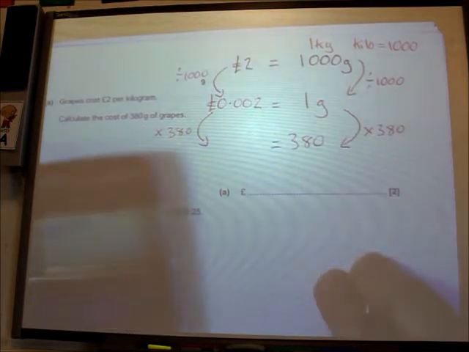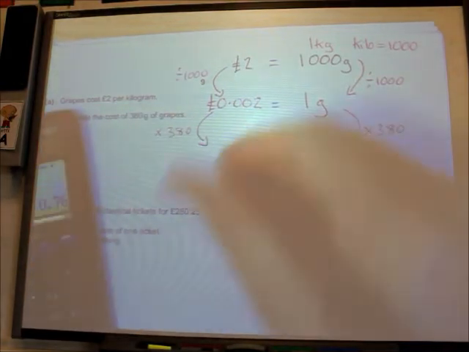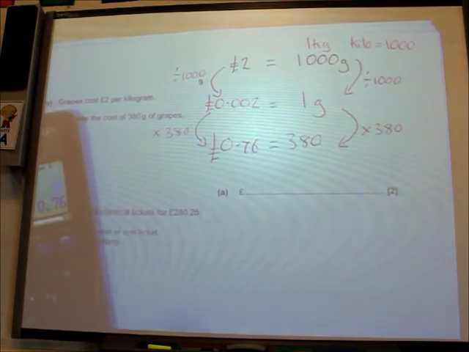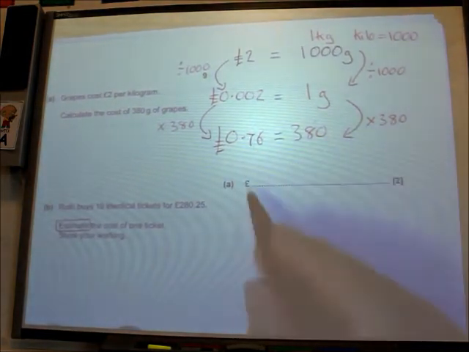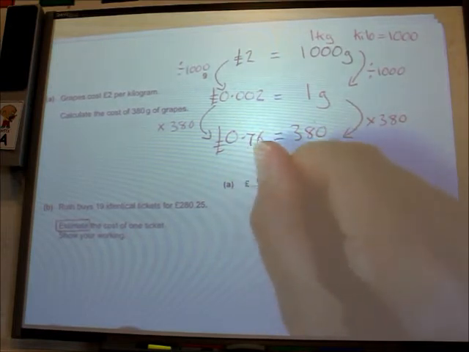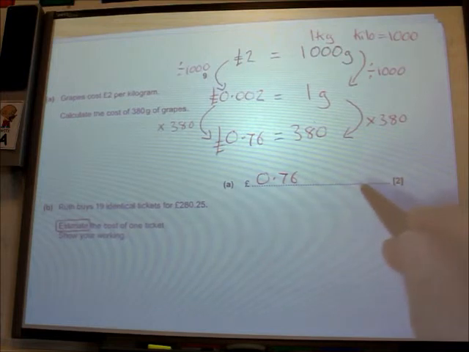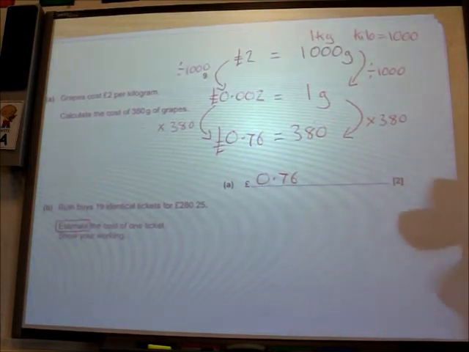So we multiply this one by 380. And that gives you 0.76. And because it's money, don't forget your pound sign in front. The answer, well actually it's got a pound sign there, so you must put £0.76. If you put 76p over here, I think it would be a bit mean if they took the marks away, but there is a pound sign there, so it looks like they want it in pounds.